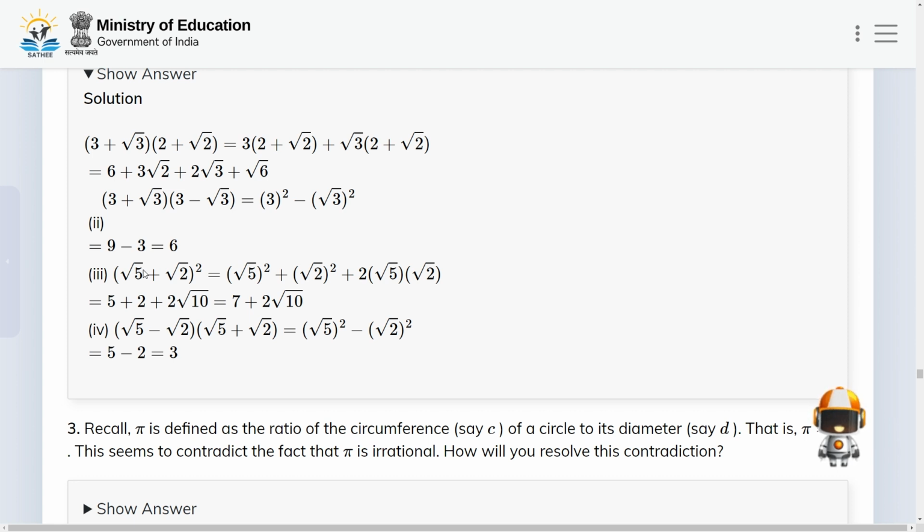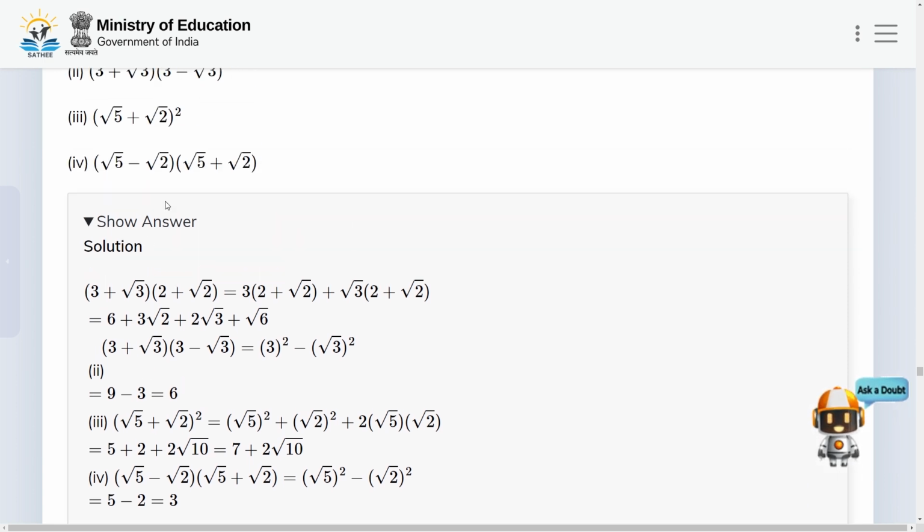And then let us see the fourth one. In the fourth one here we have (√5 − √2)(√5 + √2). Okay, so here we can use the identity (√a − √b)(√a + √b) is equal to a − b.